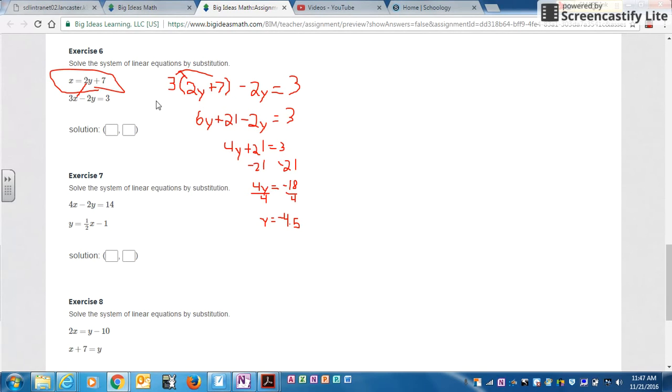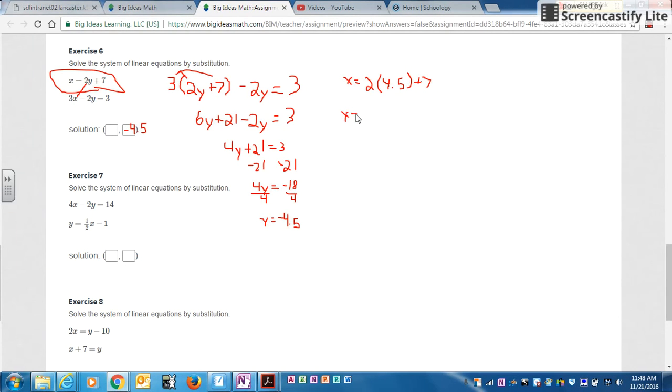So now, after all of that, we're only halfway done. We found this is negative 4.5. So now we have to plug it in to the original equation to find out what x is. So x is equal to 2 times 4.5, which will be nice because that'll give us 9, plus 7.